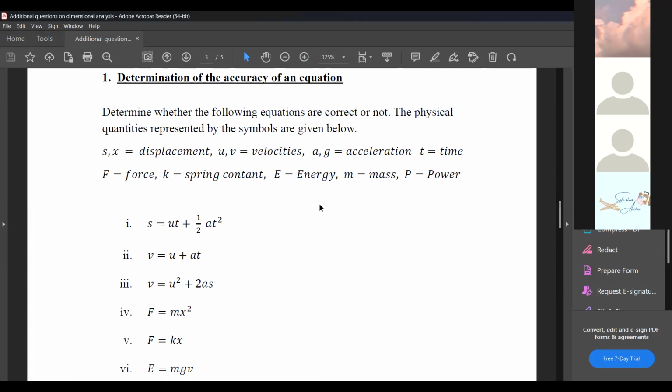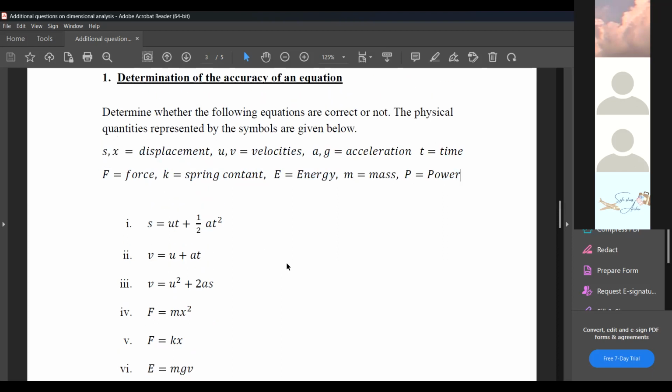I will do the first two questions with you, okay? Determine whether the following equations are correct or not. The physical quantities represented by the symbols are given below. So these are the symbols.